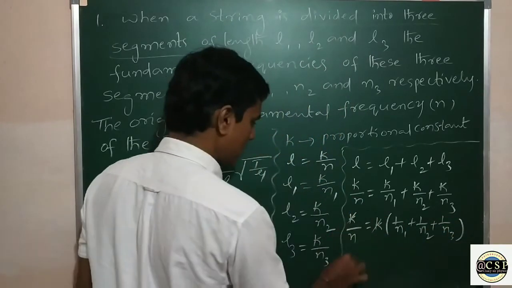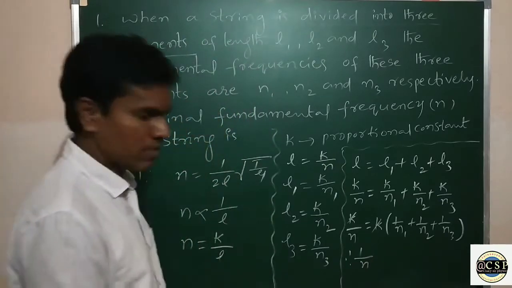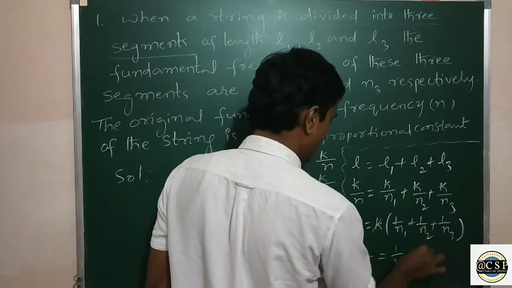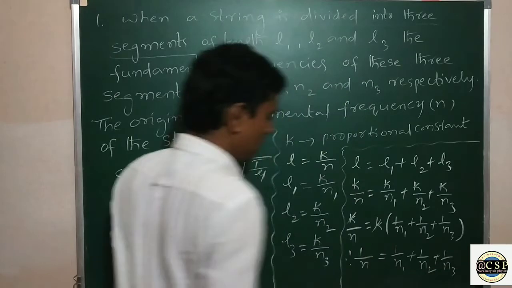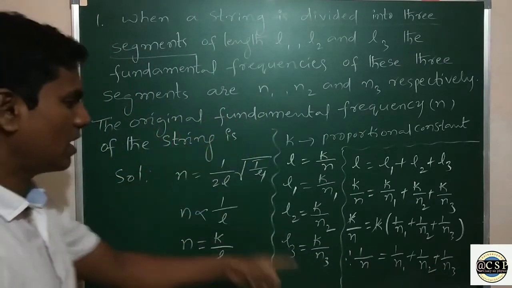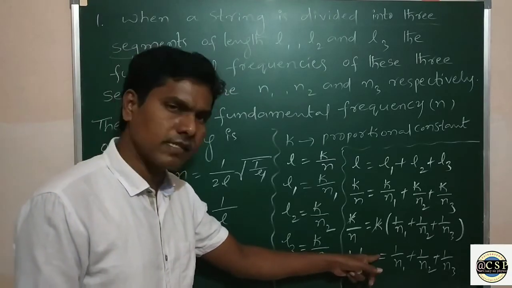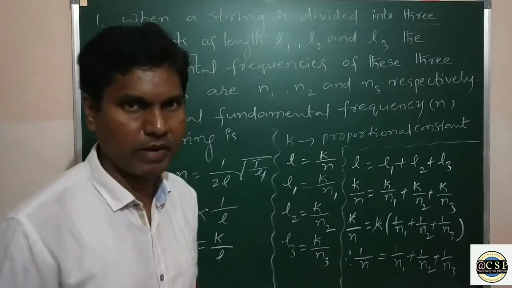Here k gets cancelled. Finally, the original fundamental frequency is given by 1 by n is equal to 1 by n1 plus 1 by n2 plus 1 by n3. This is the original fundamental frequency of the string.